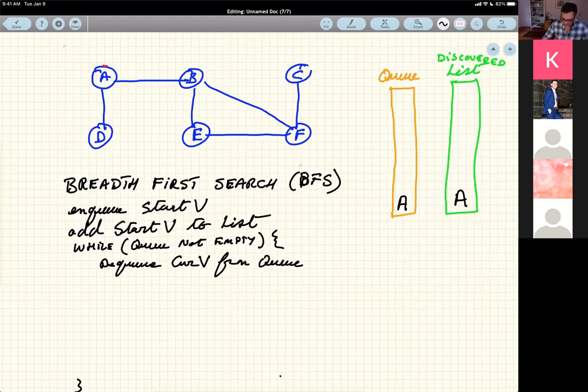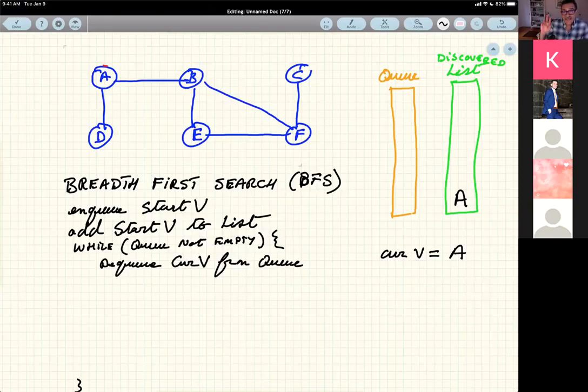So in other words, for us, what does that really look like? Well, my current vertex right now is going to be A, and I'm going to remove it from the queue, because I dequeued it. It was the first thing in the queue, I took it out. It's my current vertex.